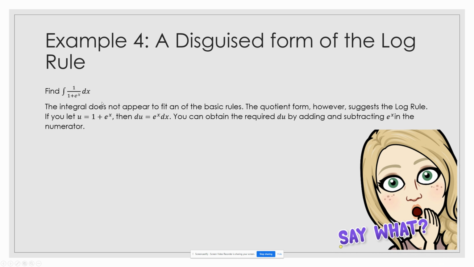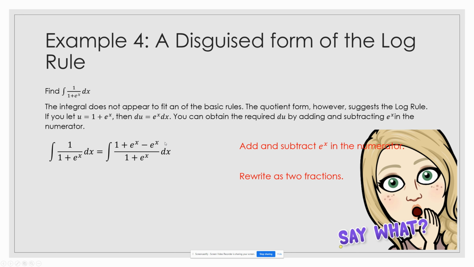Say what? What does that look like? Like this. So the integral of 1 over 1 plus e to the x dx is the same thing as 1 plus e to the x minus e to the x, because plus e to the x minus e to the x is 0. I have not added anything to this. So let's rewrite this.